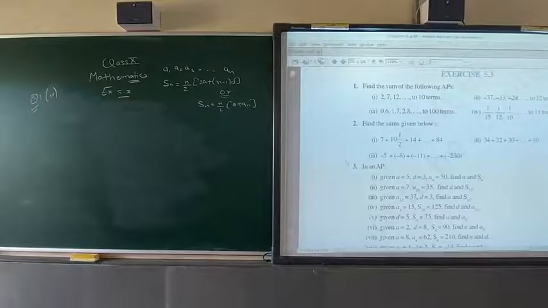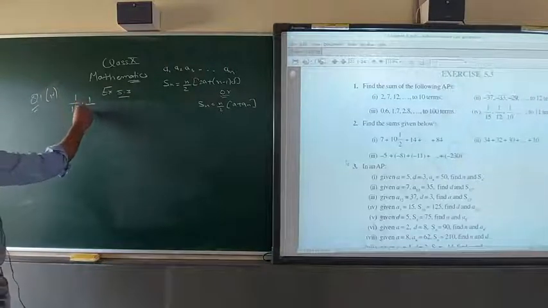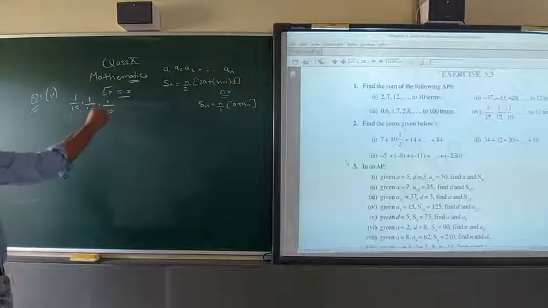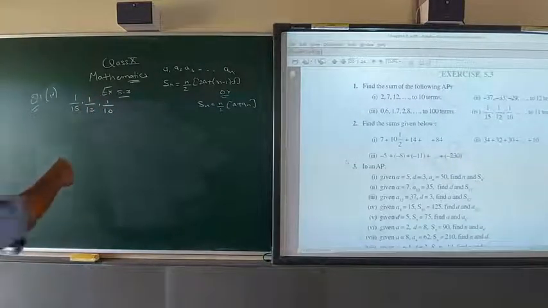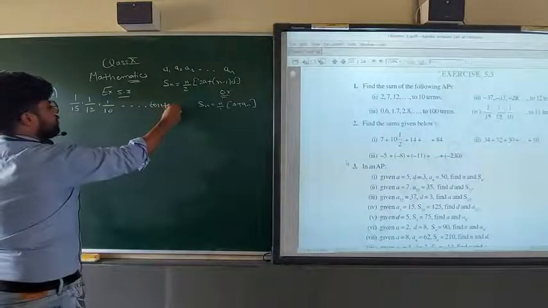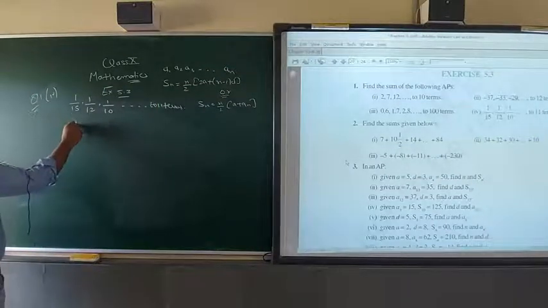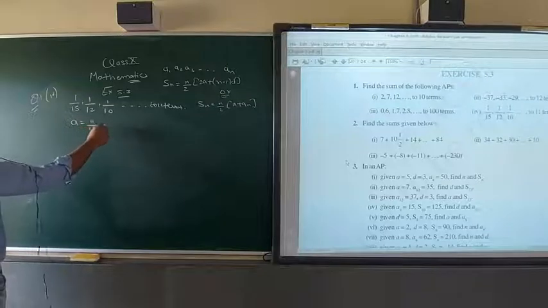The fourth part is 1 upon 15, 1 upon 12 and 1 upon 10, up to 11 terms. Now find the sum. First, a is 1 upon 15.